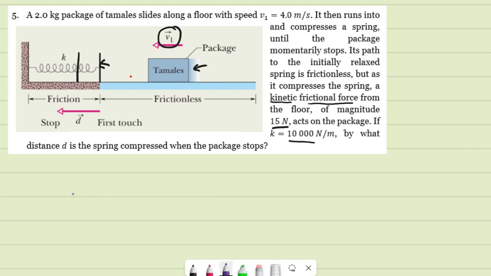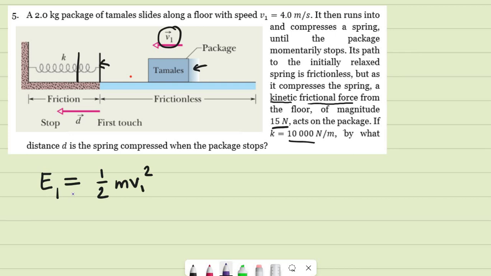If we think in terms of energy, then initially the whole system, considering it isolated from its environment, has only the energy due to the motion of this package. So that means the kinetic energy. Energy 1 equals half m v1 squared.